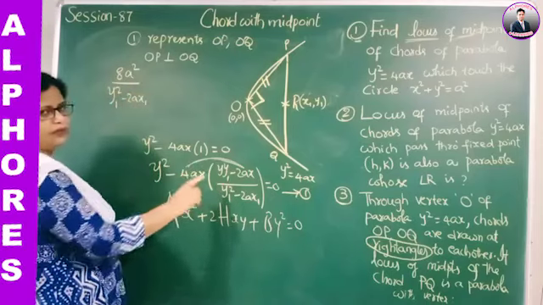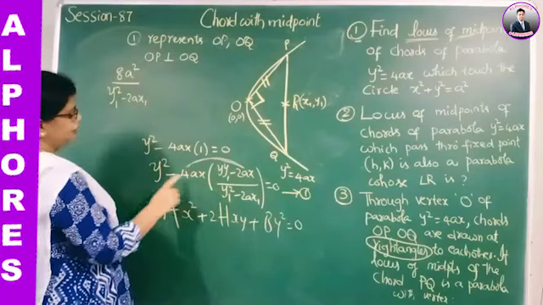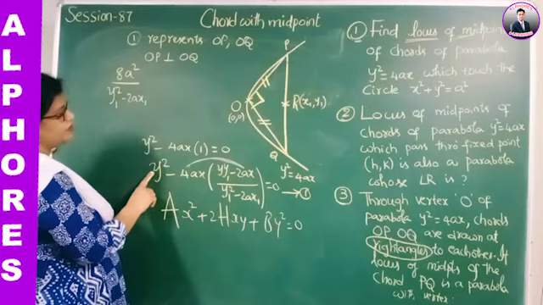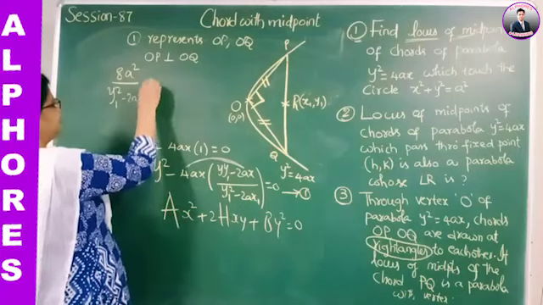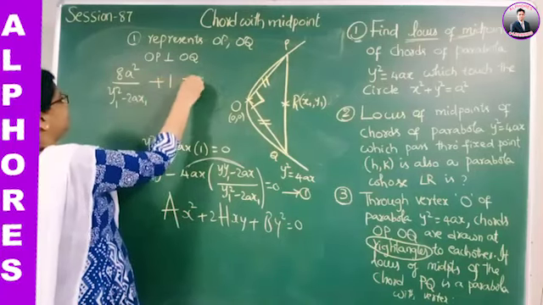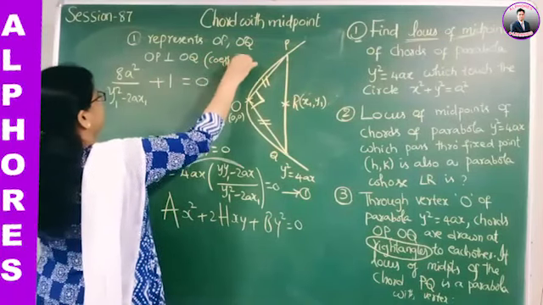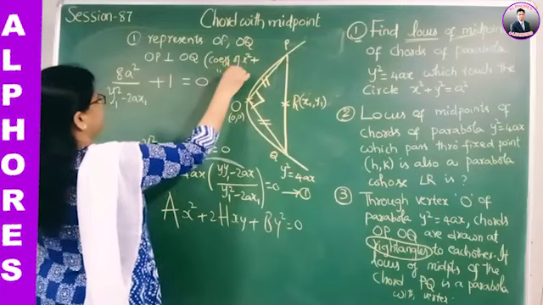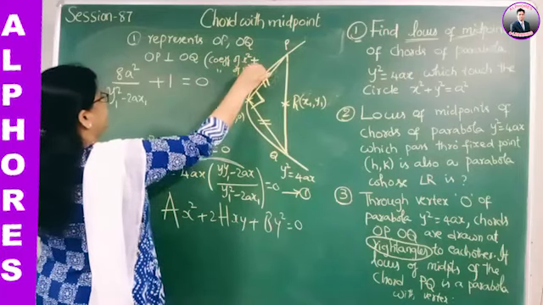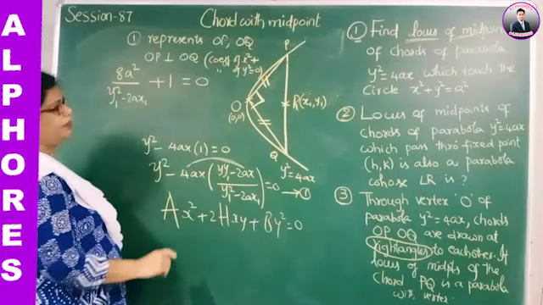This is our coefficient of x square. And the next, coefficient of y square, is only one value, that is plus 1. This is equal to 0. So our condition, coefficient of x square plus coefficient of y square is equal to 0, that concept we have applied here.